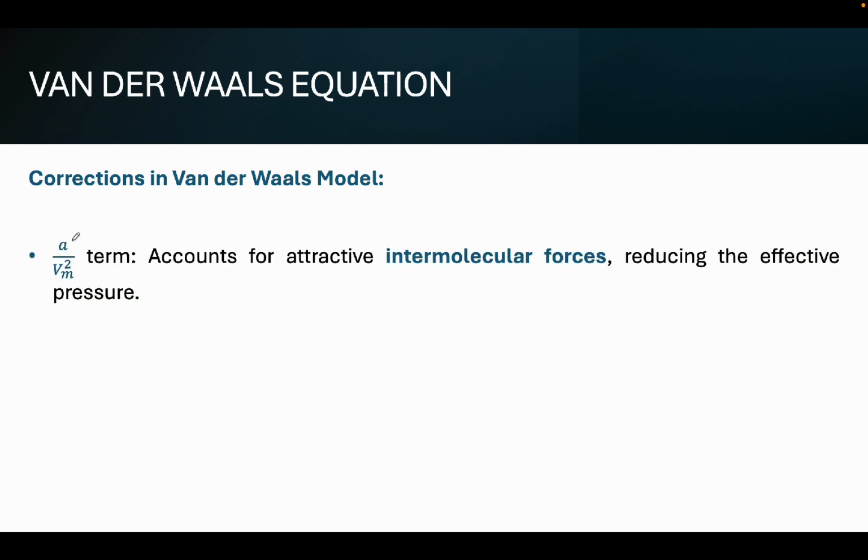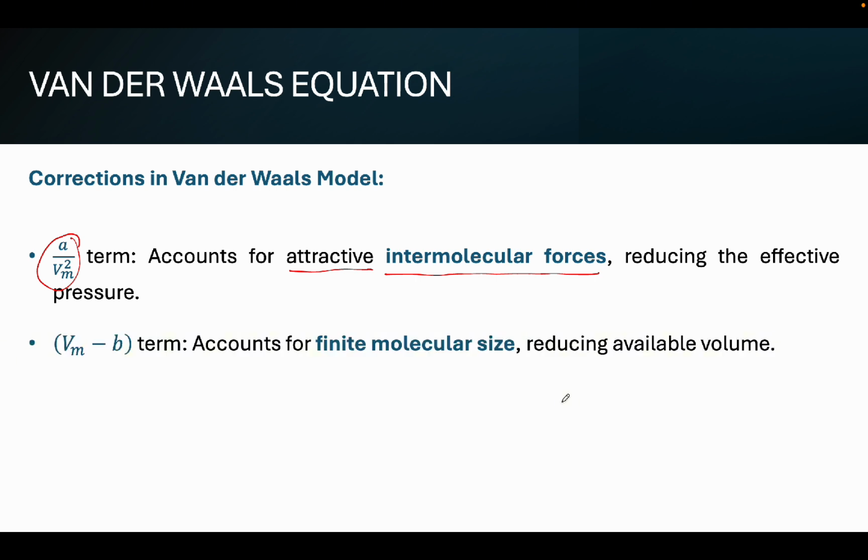For the a/Vm² term, this accounts for the attractive intermolecular forces, reducing the effective pressure. Whereas the second one, the difference of Vm and b, this accounts for the finite molecular size, reducing the available volume.